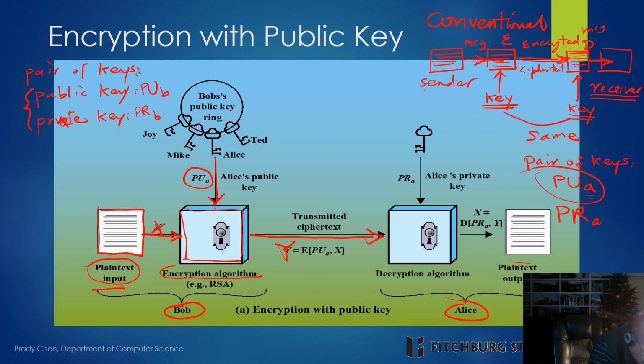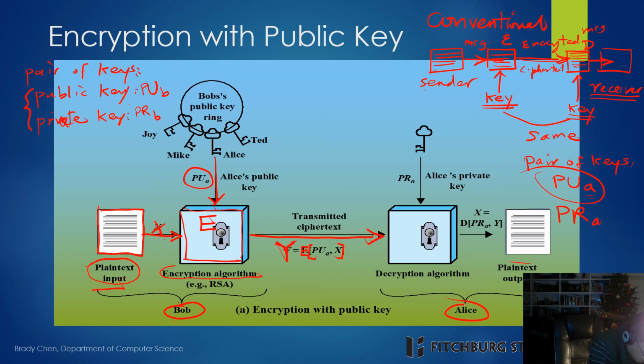Now, we can represent the encryption algorithm as E, like a math function. E is going to take Alice's public key and the plain text that Bob wants to send to Alice.